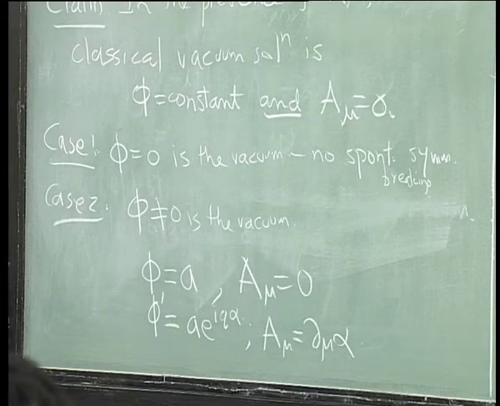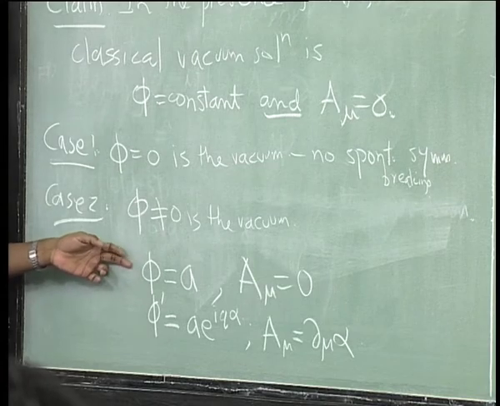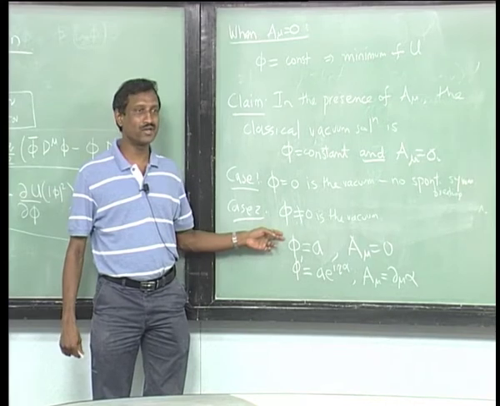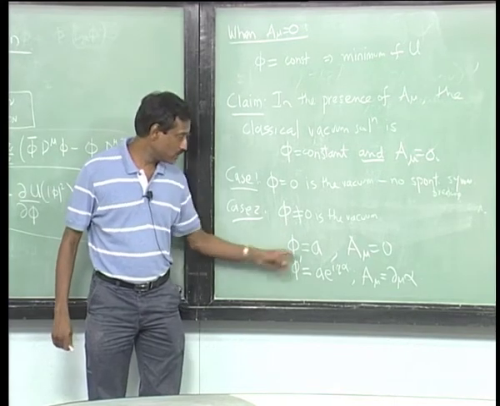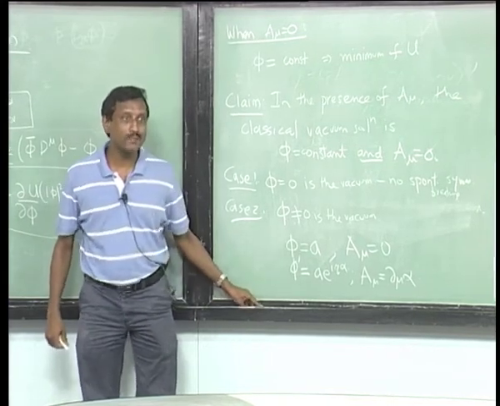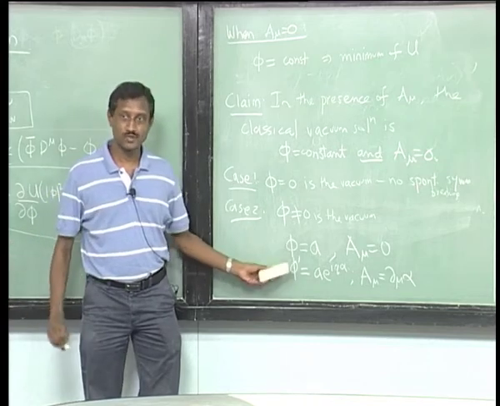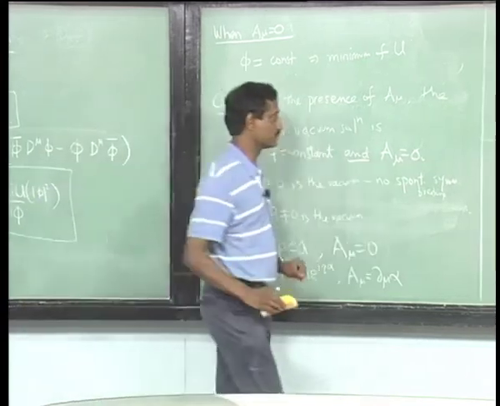Because I have local gauge symmetry, this configuration is not different from this. They are physically equivalent configurations. In particular, suppose A is a complex constant.